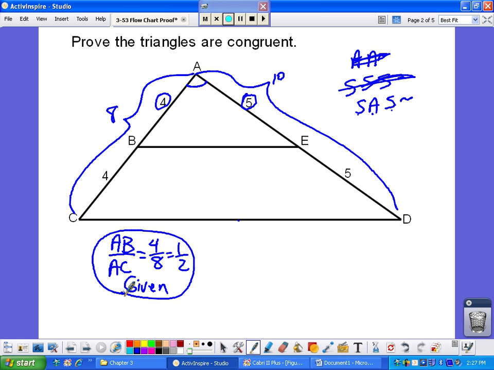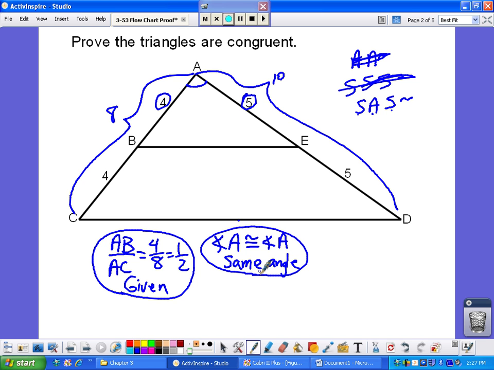The next side I know, well, let's do the angle. I know angle A, well, it's the exact same thing as angle A, isn't it? And that's because it's the same angle. Same angle. That's kind of boring too. Oh well.